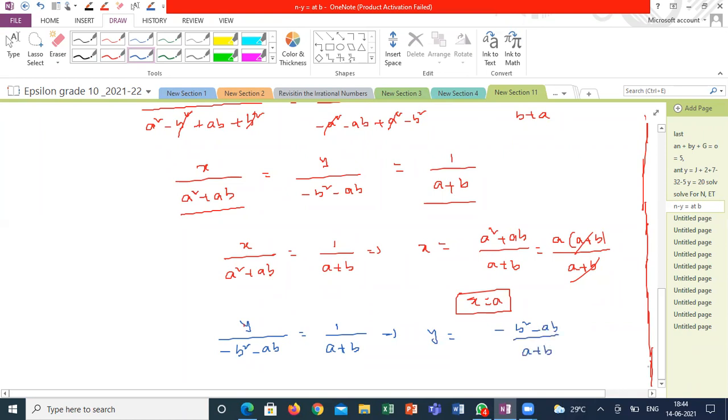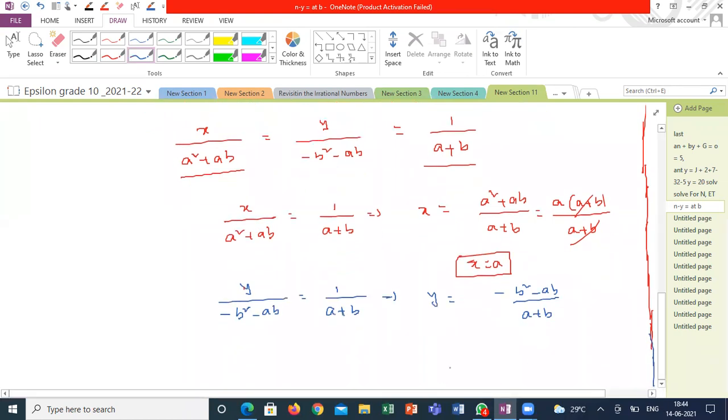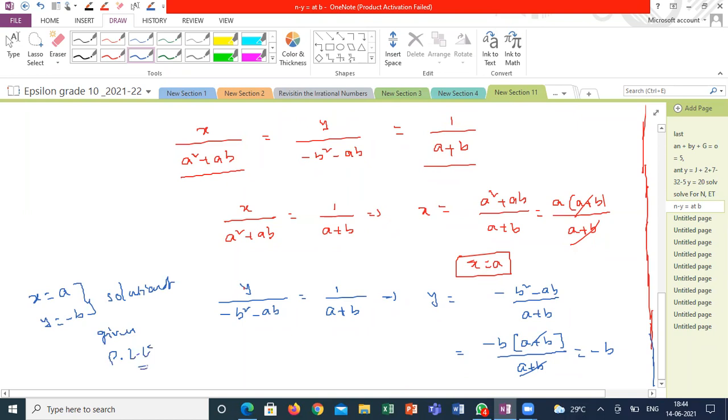If I am taking minus b common in the numerator, I will get minus b of a plus b divided by a plus b. Anyone having any doubt how I took the common, how I got the numerator? So y is equal to minus b. So the solution set of x is equal to a, y is equal to minus b is the solution of the given pair of linear equations. Guys, are you got?